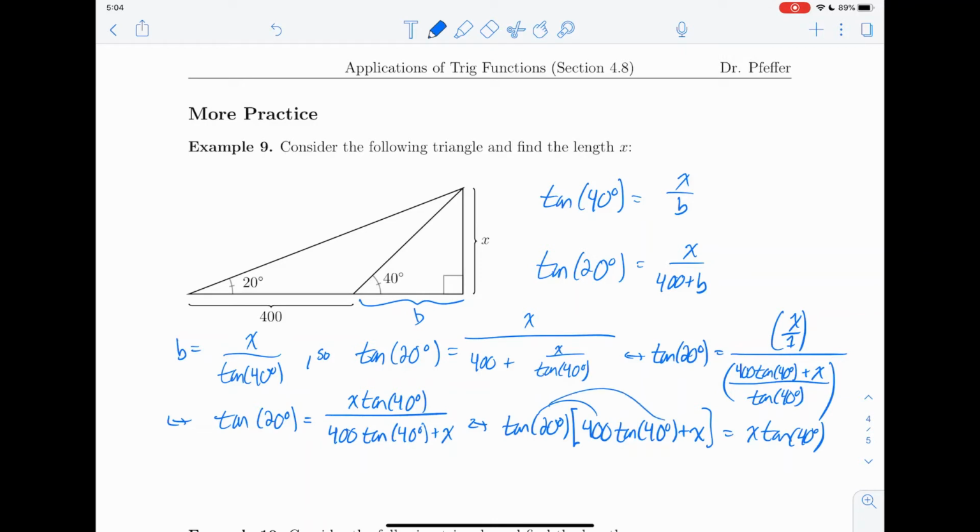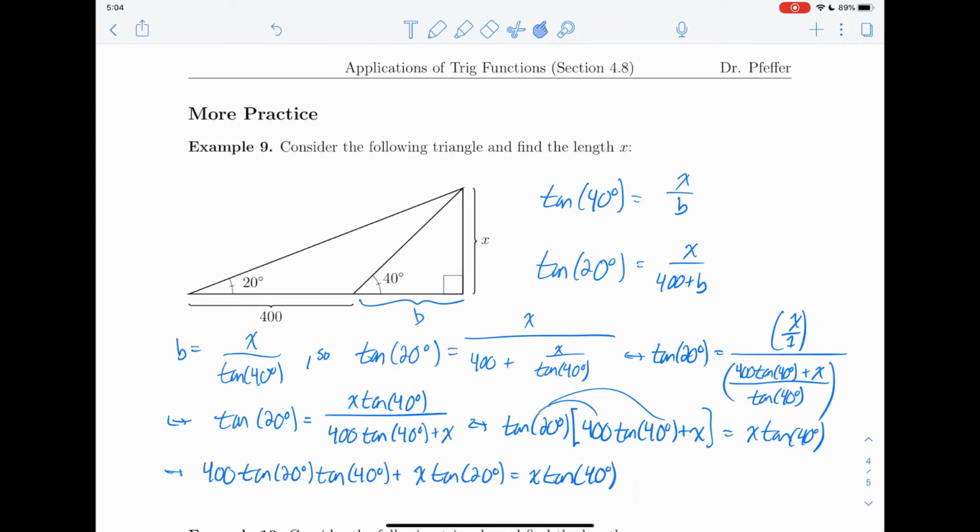Distributing that tangent, I will end up with 400 times the tangent of 20 degrees times the tangent of 40 degrees plus x times the tangent of 20 degrees is equal to x times the tangent of 40 degrees.